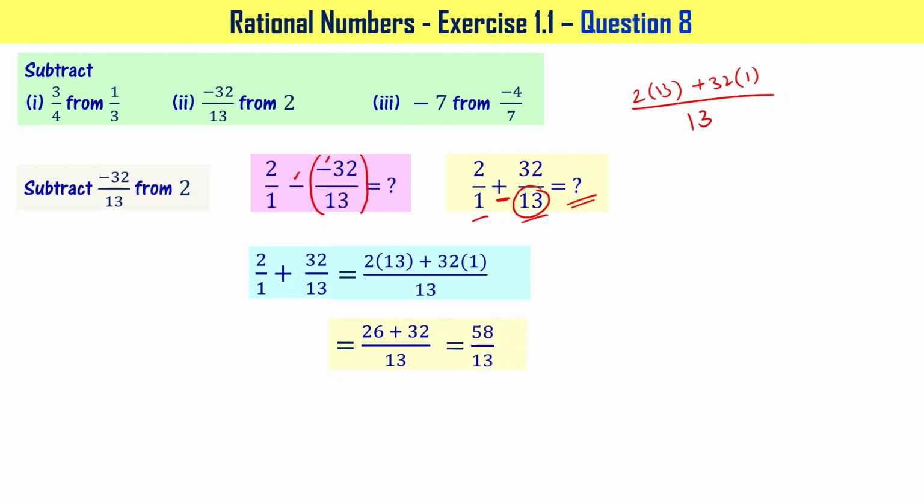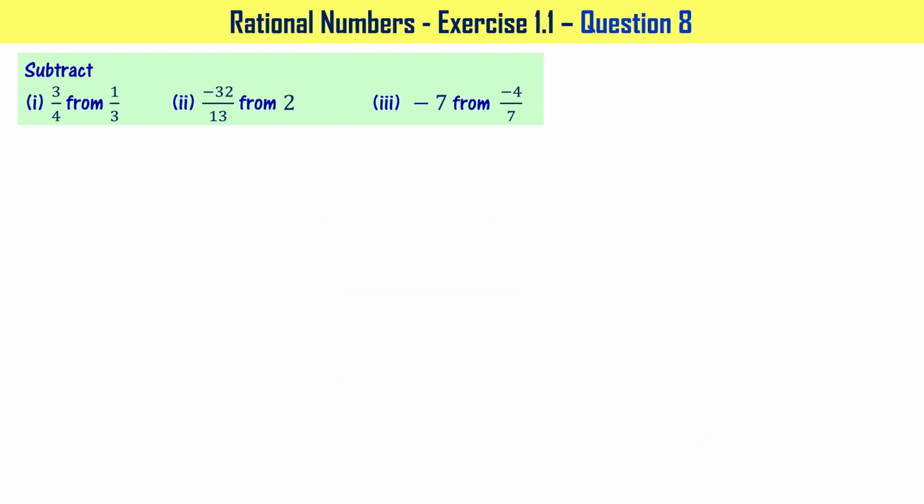When you simplify it, you get the answer as 58/13, right? So when you subtract -32/13 from the number 2, what you get is 58/13. Now let's look at the third part of the problem.